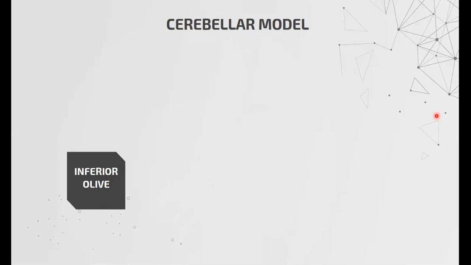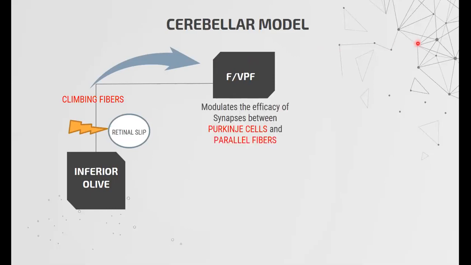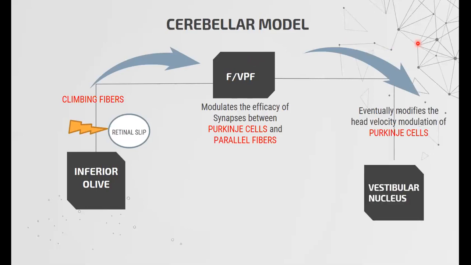So inferior olive actually monitors the retinal slip via climbing fibers. It sends that signal to our hero, that is flocculus and ventral paraflocculus area, which eventually modifies the synaptic efficacy and eventually gives the output to vestibular nucleus via Purkinje cells.